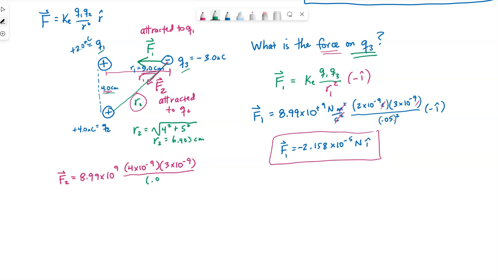When I plug it into my force equation, I do need this to be in meters because it's going to cancel with the meter squared in the K units. So right now, this is just the magnitude of the force.